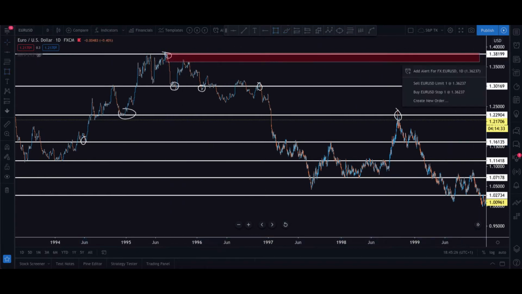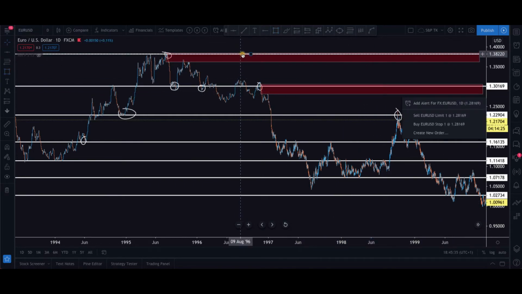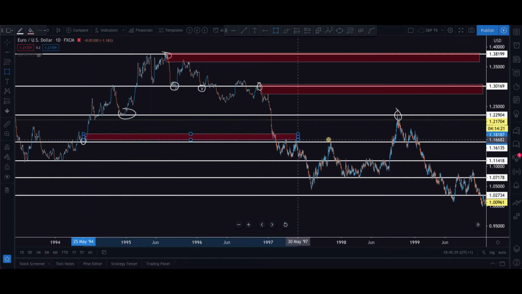from which price made a reaction in the past, and probably will make a reaction in the future as well. Okay, why do we do that? Just because of this.